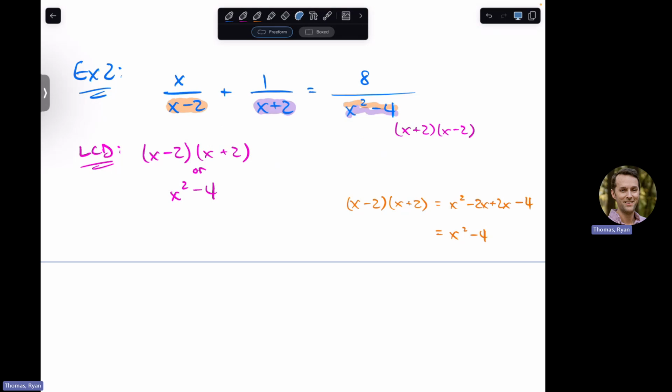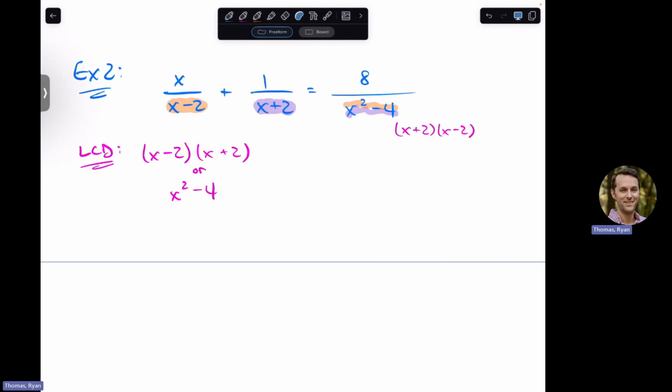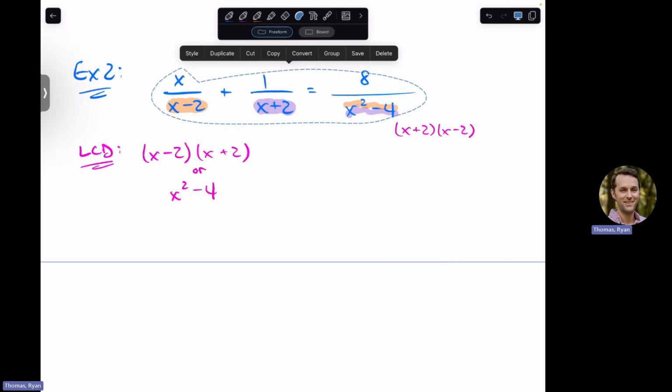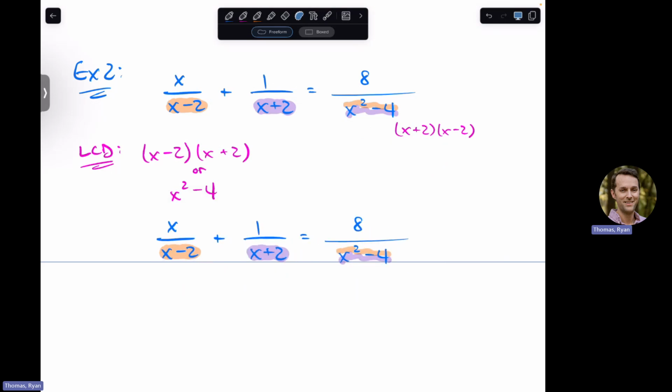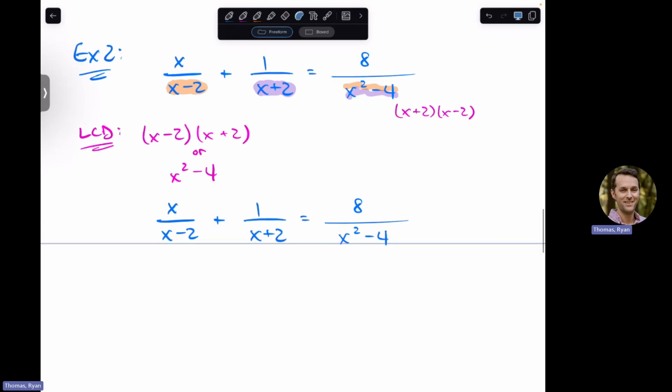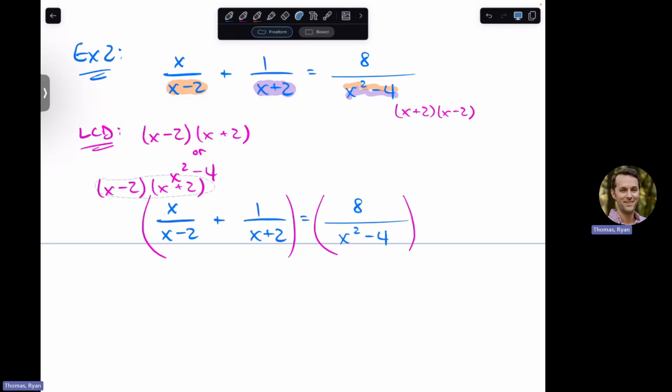Okay, cool. Now, let's see if we can use what we just talked about to turn this thing that I don't know how to solve yet into something that I do know how to solve. Multiply this by the least common denominator.